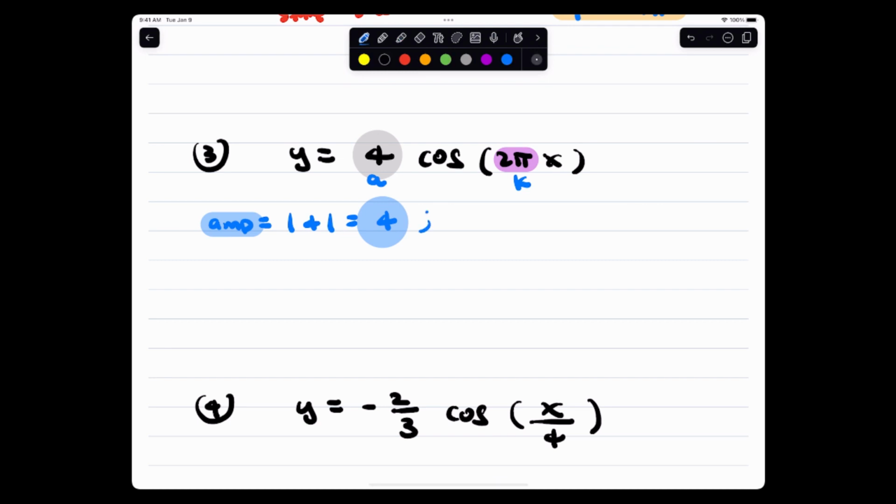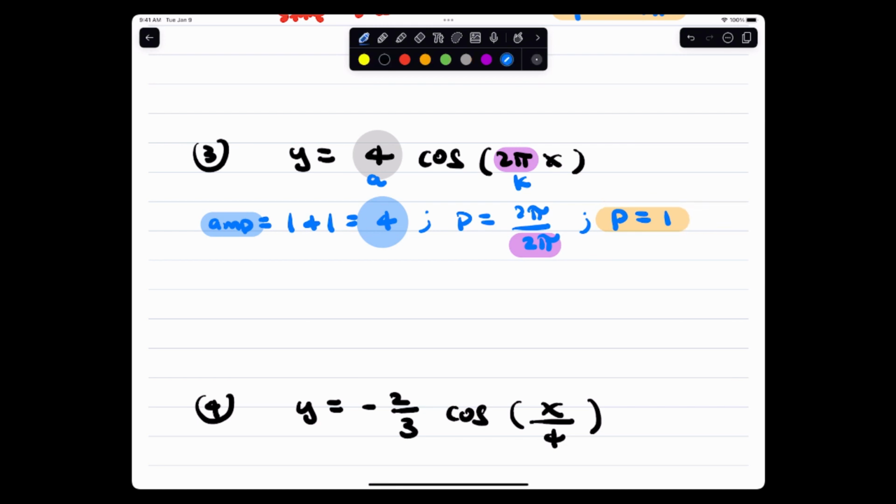Okay, so the absolute value of 4 is 4. Now, our period, 2 pi over K, where K is 2 pi. So 2 pi over 2 pi gives you, our period is 1. Okay, all right.